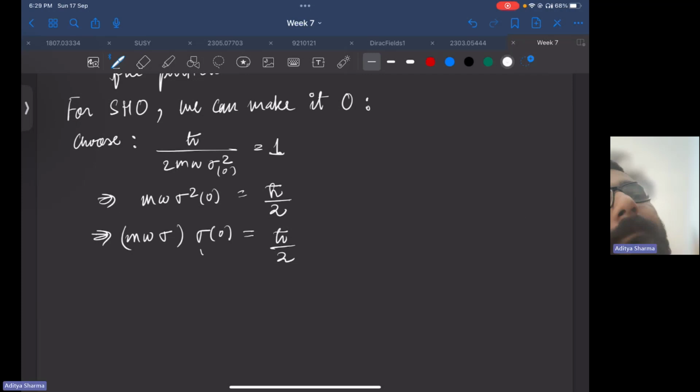Now this is the spread in x. This is nothing but sigma x, and this happens to be nothing but sigma p.